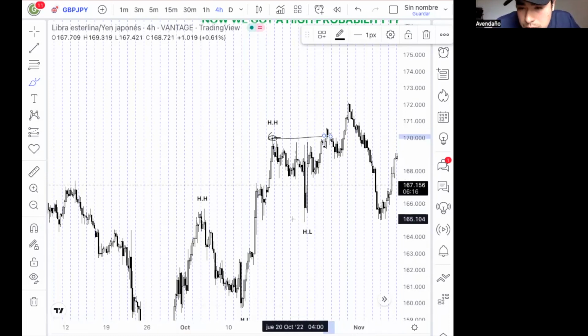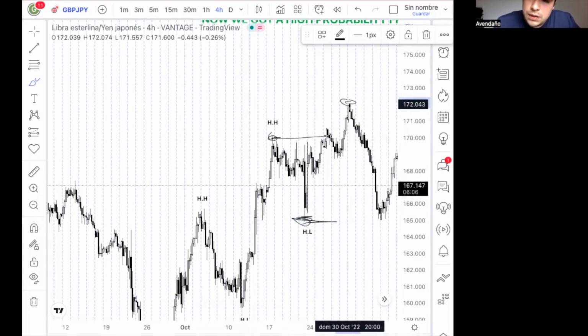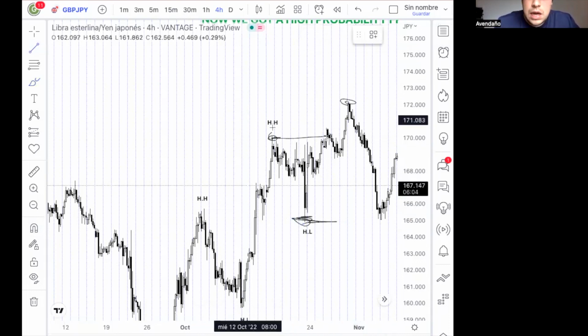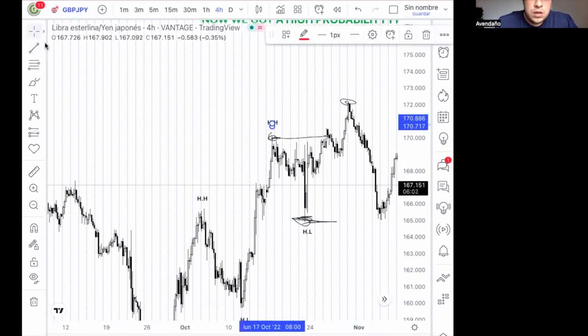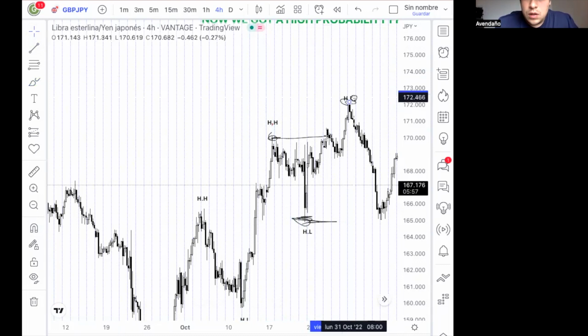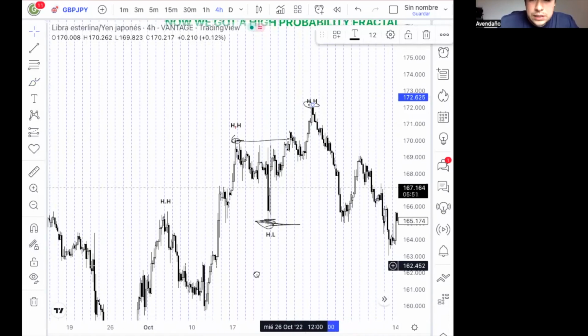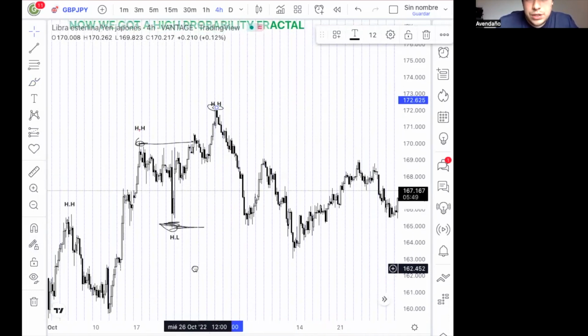It came from our higher low. And then ask yourself, where did the price go to? We need to identify the new structural point, this one, and this is our higher high. And then we will have our last fractal and our operative range.